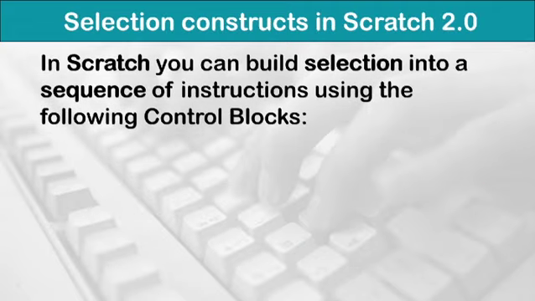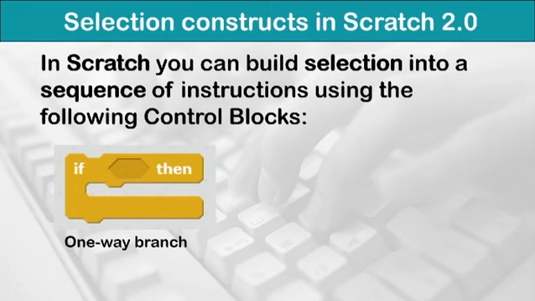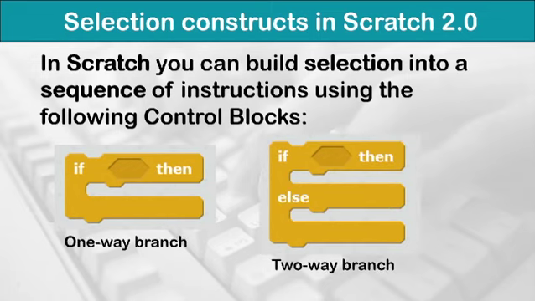In Scratch, you can build selection into a sequence of instructions using the following control blocks: the if-then block and the if-then-else block. The if-then block provides a one-way branch, while the if-then-else block offers a two-way branch.